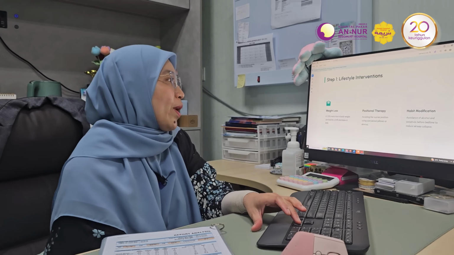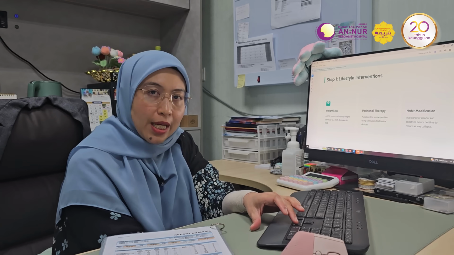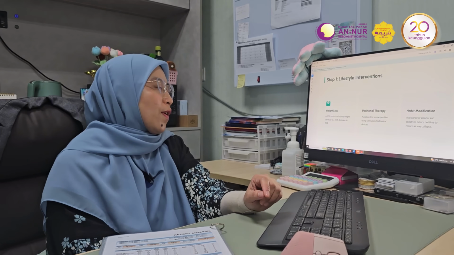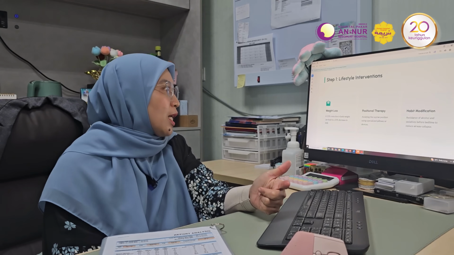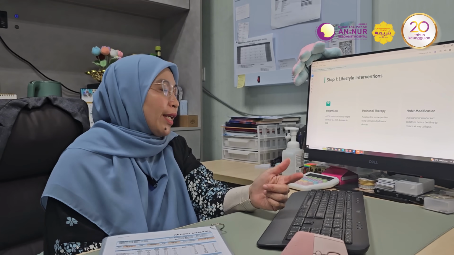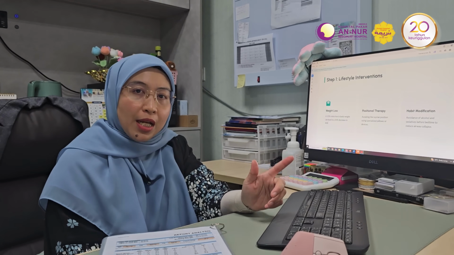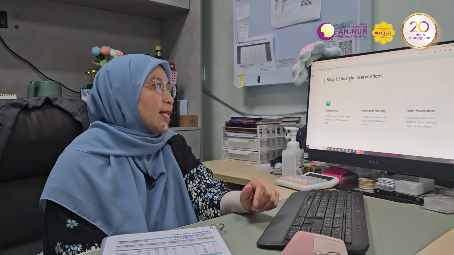So what is the treatment or management of this OSA? First is, of course, weight loss and lifestyle modification, because even a 10% reduction in body weight can lead to a 26% decrease in the apnea-hypopnea index. Second, positional therapy.